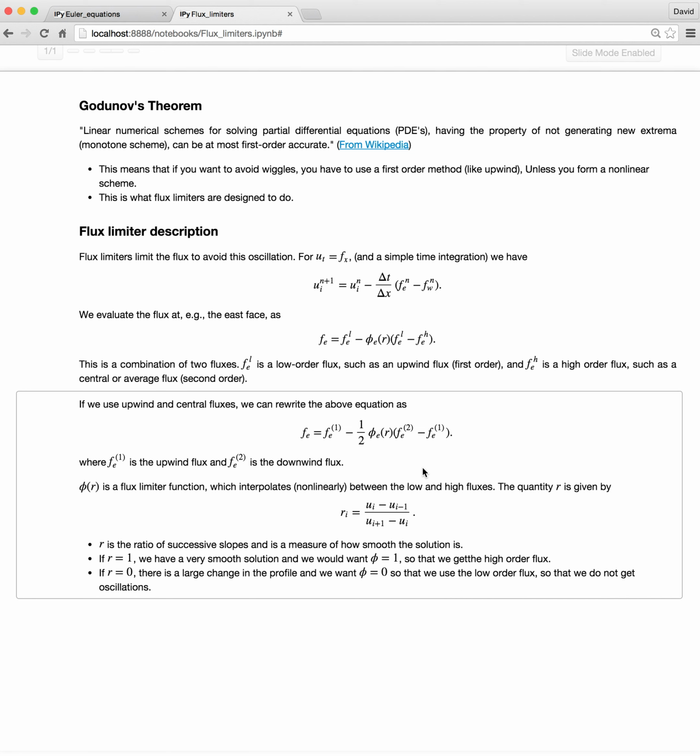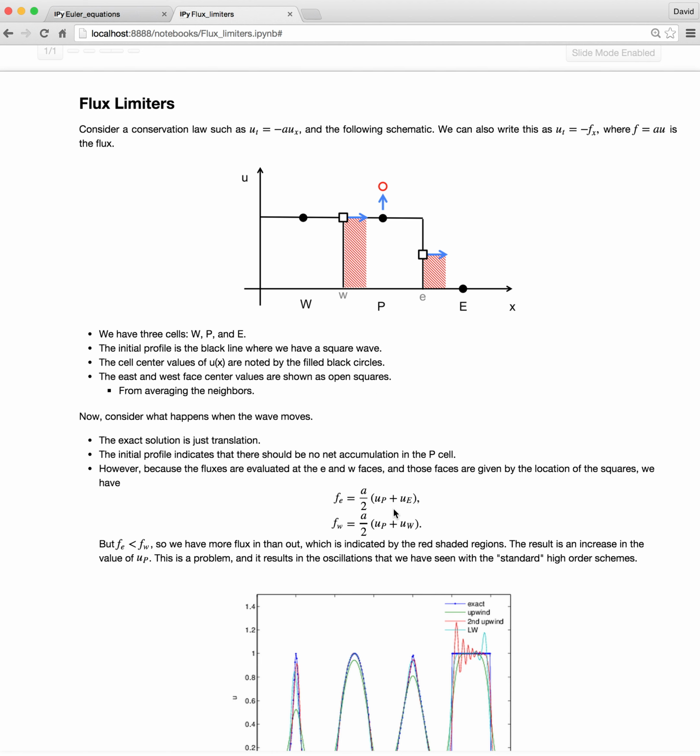So if r is 1, then you basically don't have any change in the slope of your problem, and you have a very smooth solution. And when you have a smooth solution, you can use a high order flux without getting oscillations. And we saw that the oscillations happened in regions where the solution wasn't very smooth.